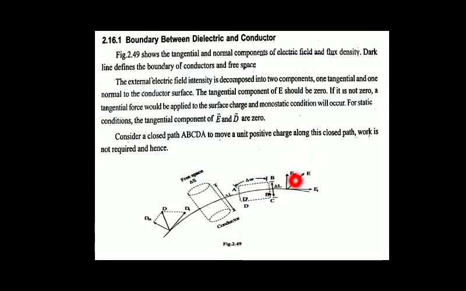In this diagram you can see this line represents the boundary, the upper part represents the free space, and the lower part represents the conductor. Basically below the boundary all the portion is filled by the conductor, and above the boundary all the portion is free space.